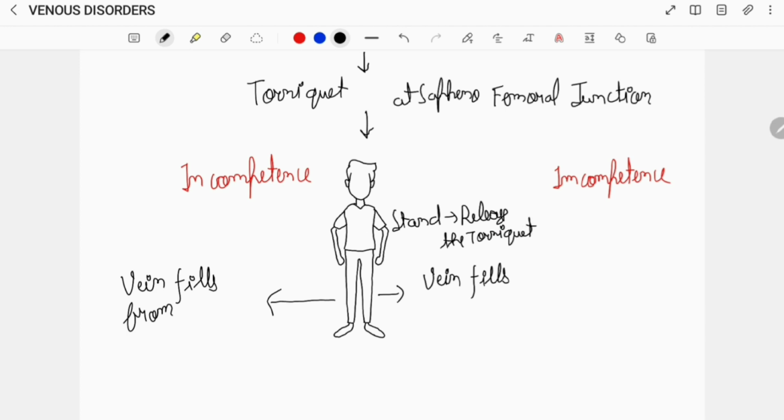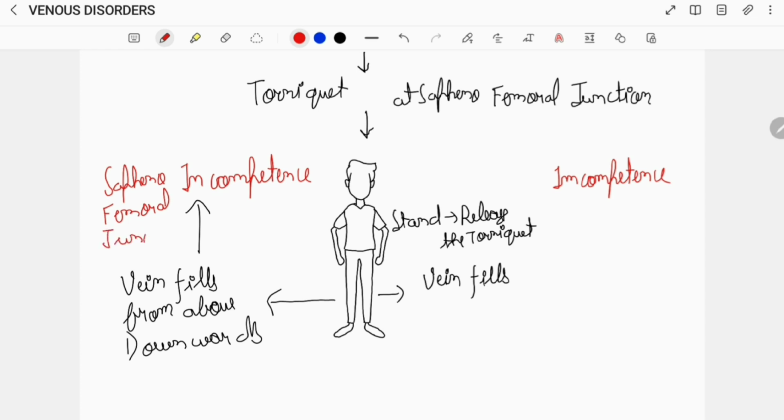Once the tourniquet is released, there can be two conditions. First, the vein fills from above downwards. If this is the case, then it means that the saphenofemoral junction is incompetent.